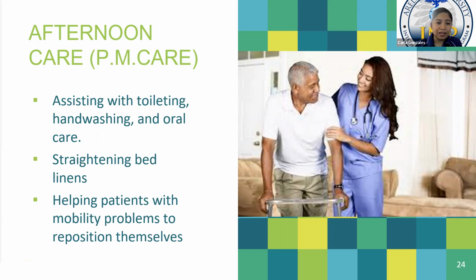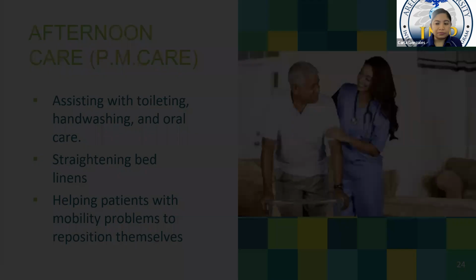Although it doesn't mean that when we say PM care, we only do these things in the afternoon or in the morning. Of course, it would still be as needed by the patient. You might be thinking, straightening of bed linen is PM care, so I will wait until the afternoon to straighten the bed. No, it would be on an as-needed basis, but this is in general, routinely.